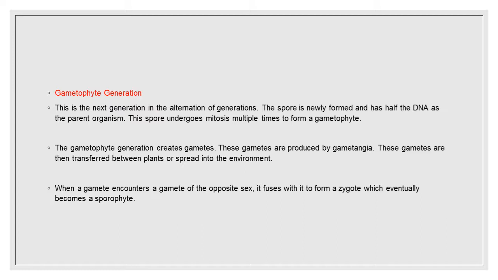The gametophyte generation creates the gametes, and these gametes are transferred between the plants and spread into the environment for reproduction. When a gamete encounters a gamete of the opposite sex, it leads to the formation of a sporophyte body. Haploid and haploid fuse to form a sporophyte, that is the zygote.